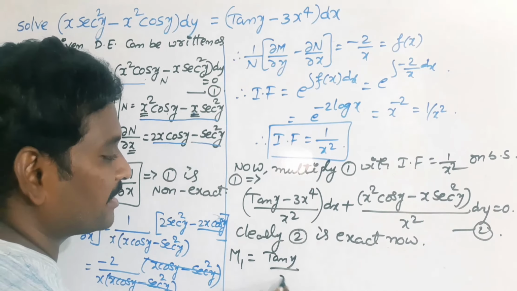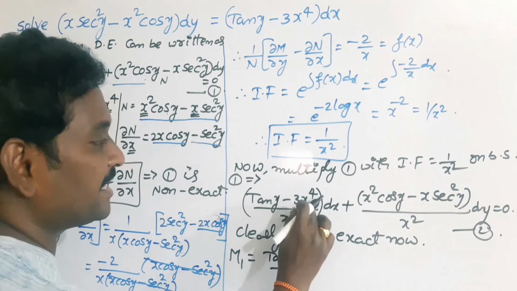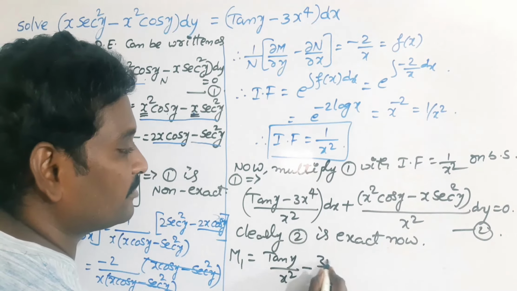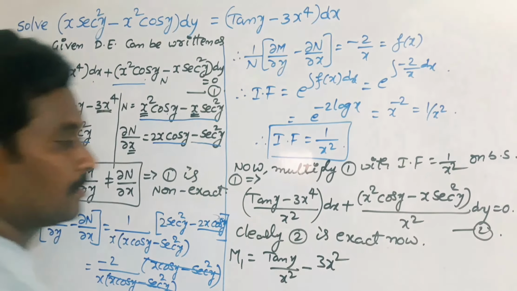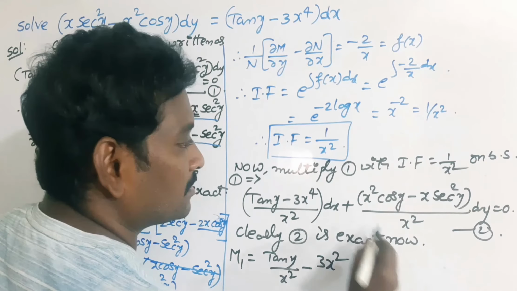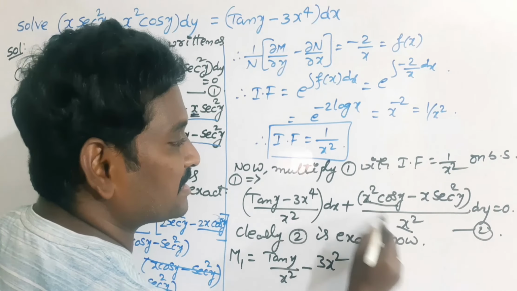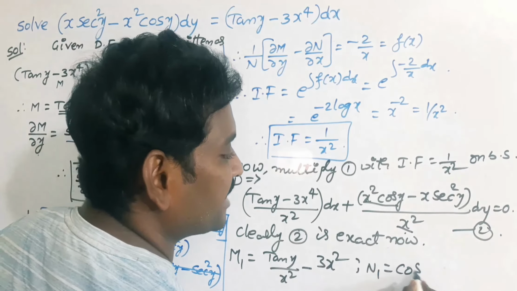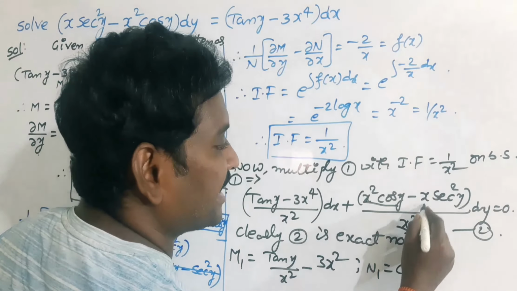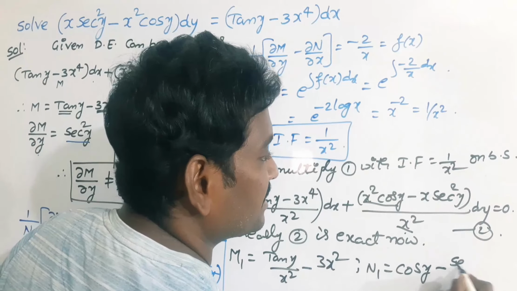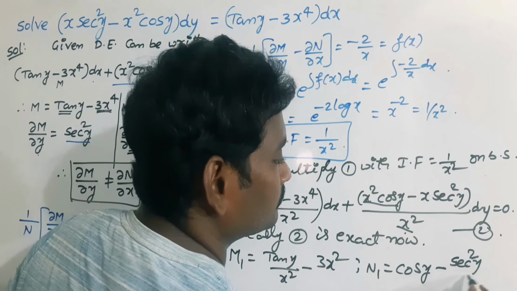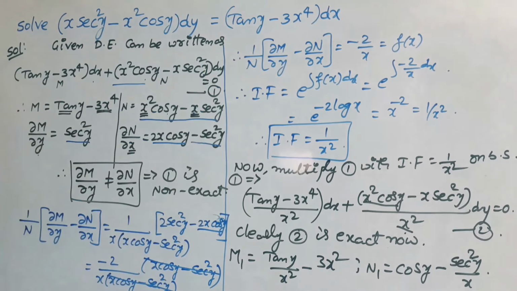Tan y by x square minus 3x power 4 by x square. It would be 3x square only. And what about n1? This term by this term. X square getting cancelled. Simply you will get cos y minus x, 1x getting cancelled. You will get secant square y by x. So it is enough to write the general solution now.